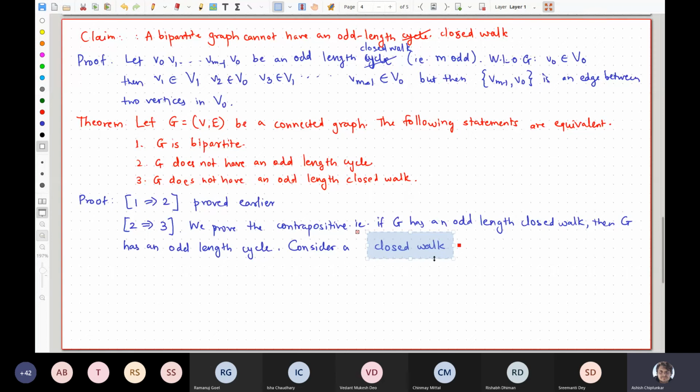But remember, implicitly we are using the well ordering property of natural numbers over here. We claim that this is a cycle.